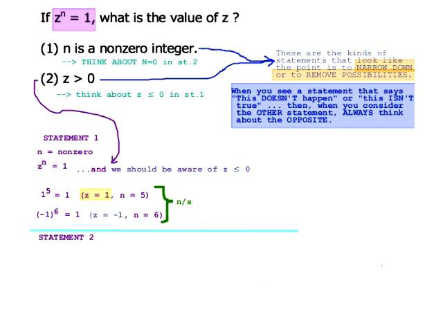So definitely not, right? You could have, say, 4 to the 0 is 1. So z is 4, and n is 0. And then you can also have like 5 to the 0 is 1.